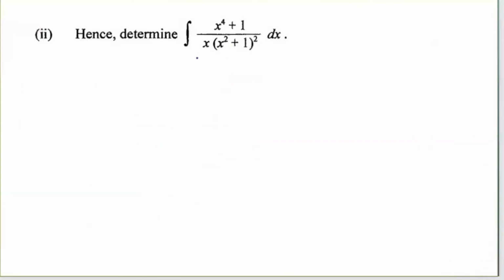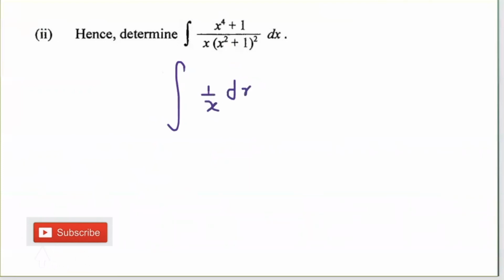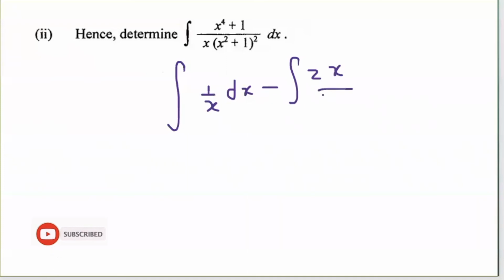Next, we're going to integrate the following, but we're going to use the information that we got in part 1. So we are going to rewrite this fraction as the partial fraction that we actually showed. We were given it already, but we showed that it is indeed correct. So we are going to integrate each of these fractions.